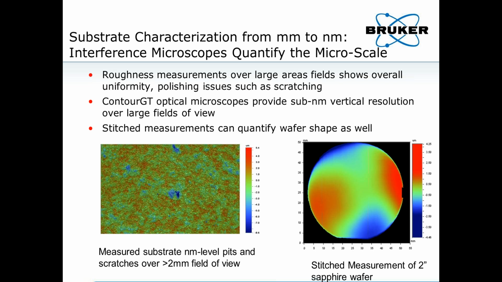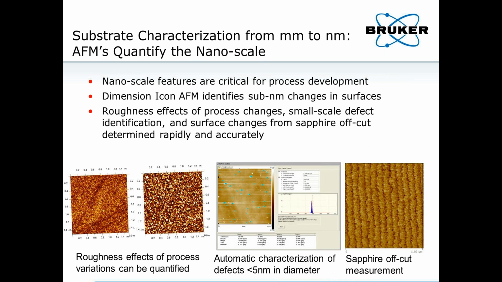And stitch measurements can quantify wafer shape as well, such as you see on the right-hand side of this panel. So this is a good way to look at quantifying material properties and measurement parameters at the microscale. And with that, I think we're going to move on to discussion of doing measurements at the nanoscale.